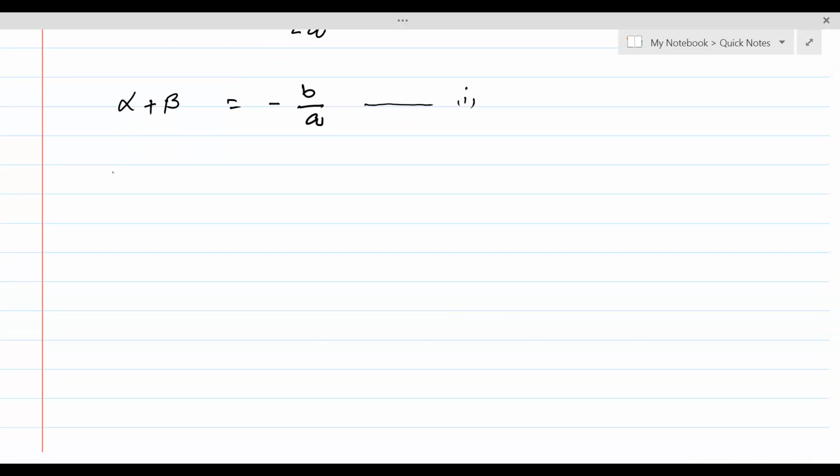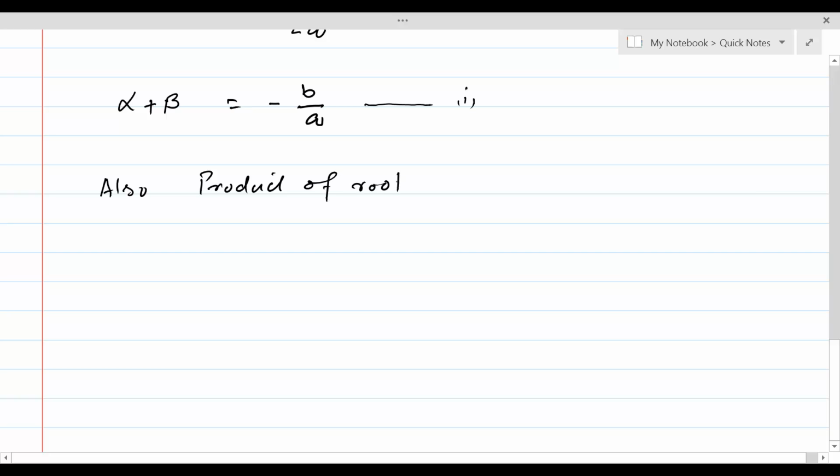Also the product of roots. Product of roots is equal to alpha times beta.